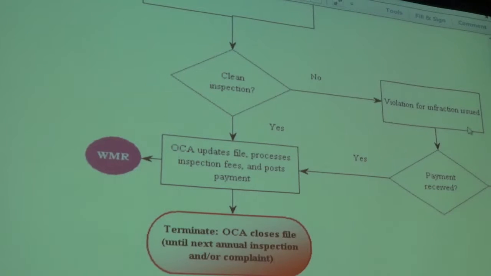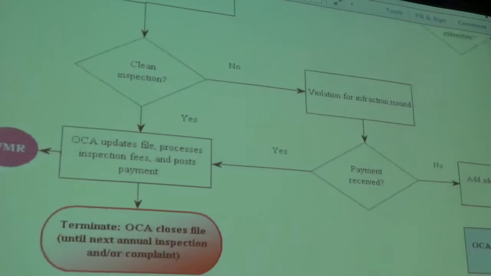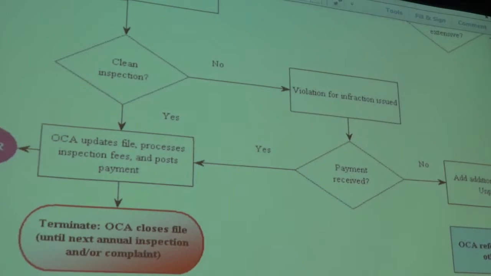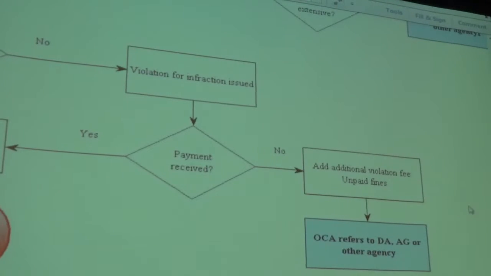If it's no, then OCA issues a violation. There's an infraction, it issues a violation, then it issues a payment. Is payment yes or no? Then it goes to a different activity. Again, depending on the violation and unpaid fees, it goes to the district attorney or attorney general or another agency.